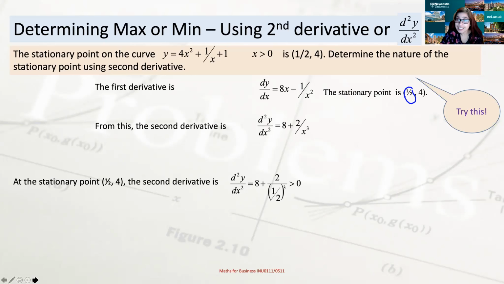So if the second derivative is greater than 0, the stationary point is a minimum. So 8 times 16, I will do that for you. 16 plus 8 is 32. So please write this value. 32 is greater than 0. So the stationary point is a minimum.